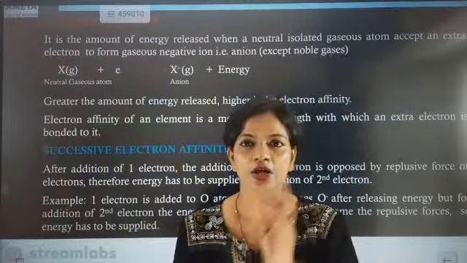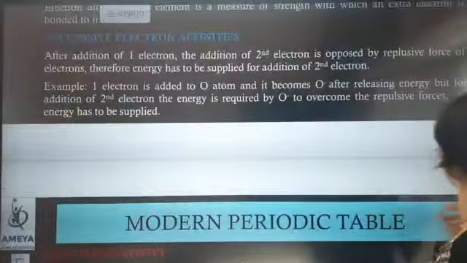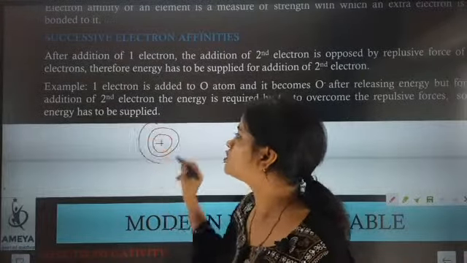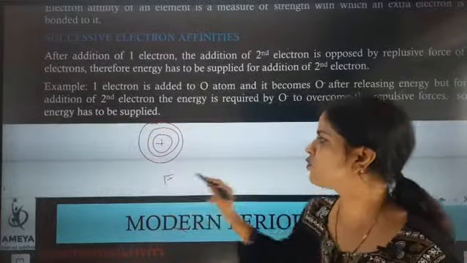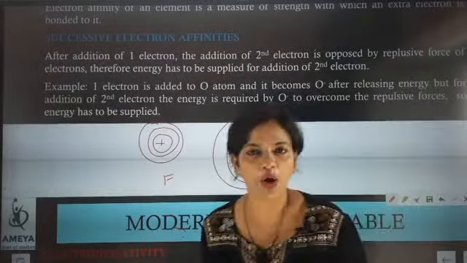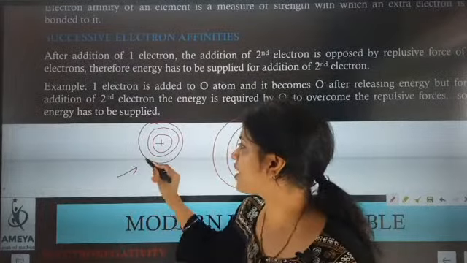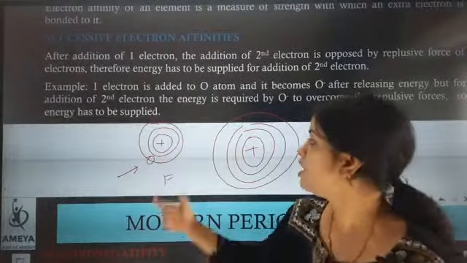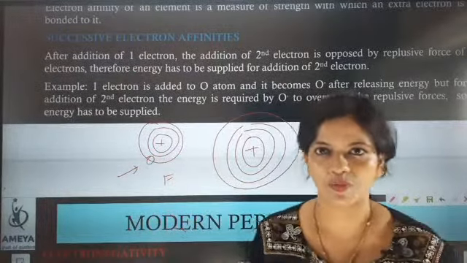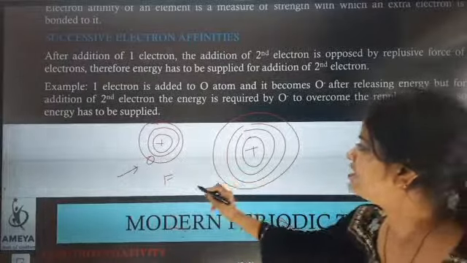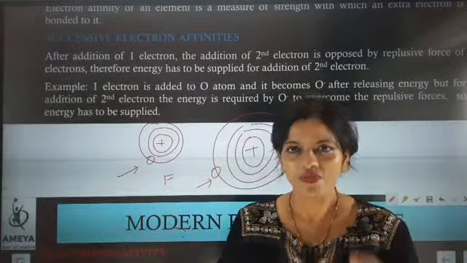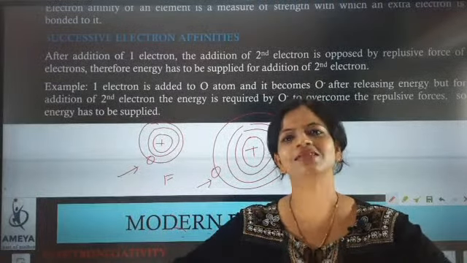Both want an electron. But when fluorine takes one electron into its outermost orbit, due to its small size, electron repulsion will be more. When chlorine takes an electron, its structure is big, so the repulsive force will be nicely stabilized.